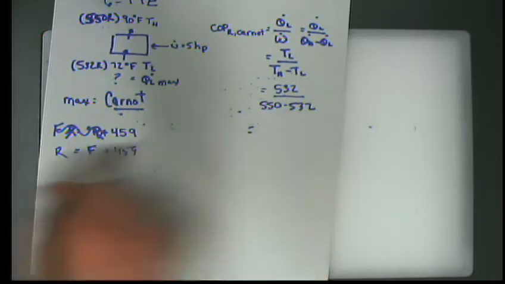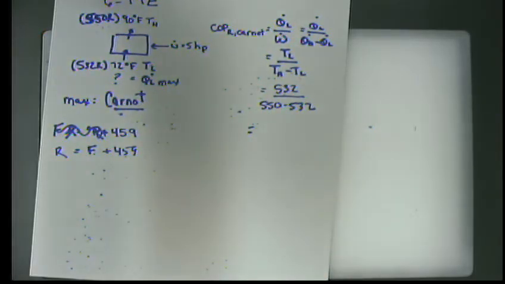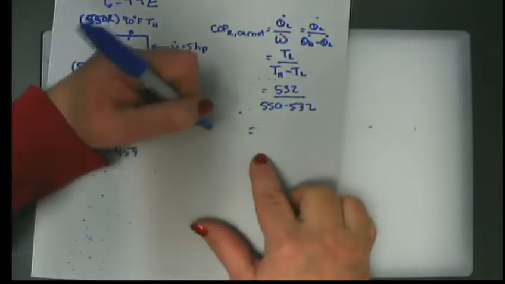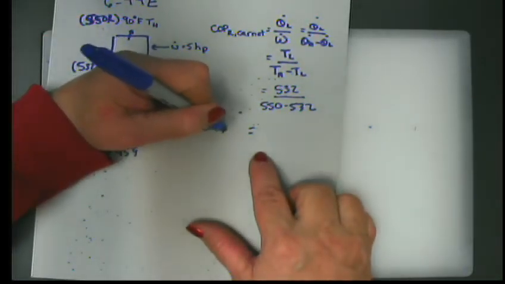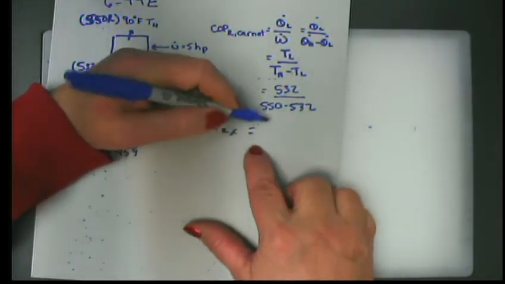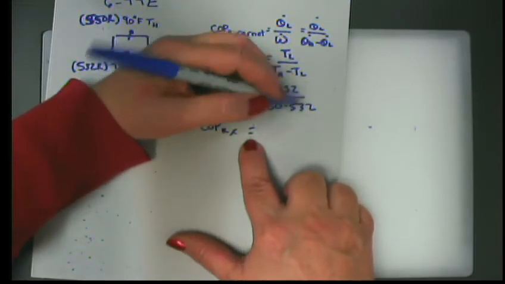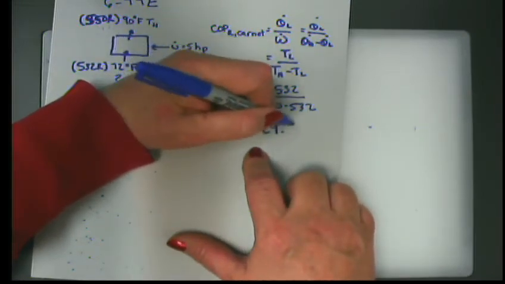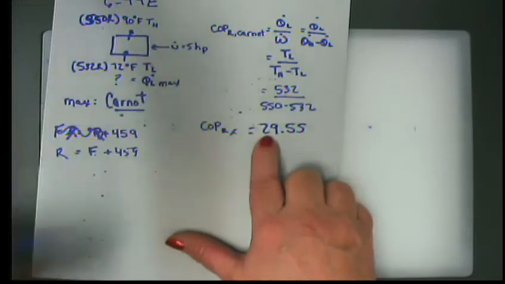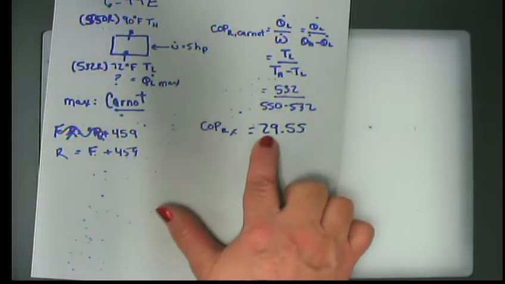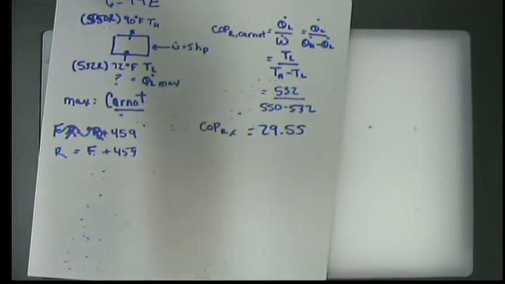Let's go ahead and do 532 divided by 18. So our coefficient of performance for this refrigerator operating in a Carnot cycle is 29.55. So that's a huge number, but you expect it to be a huge number because it's a theoretical maximum.